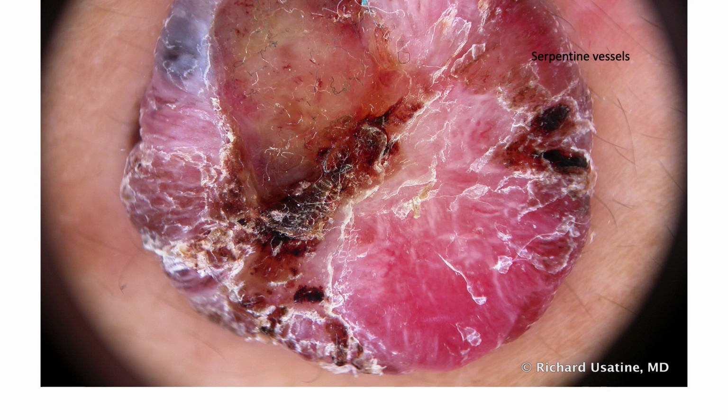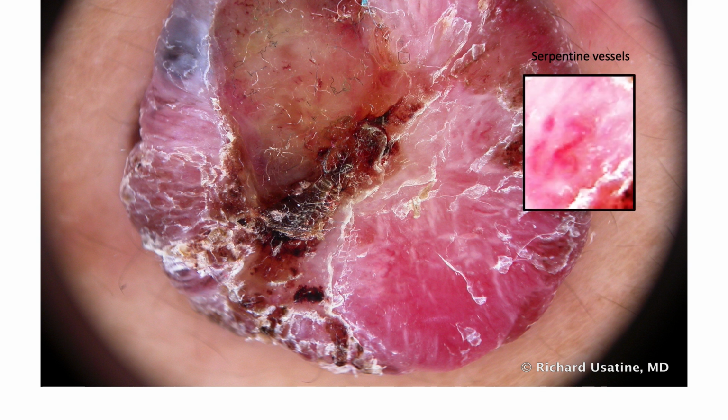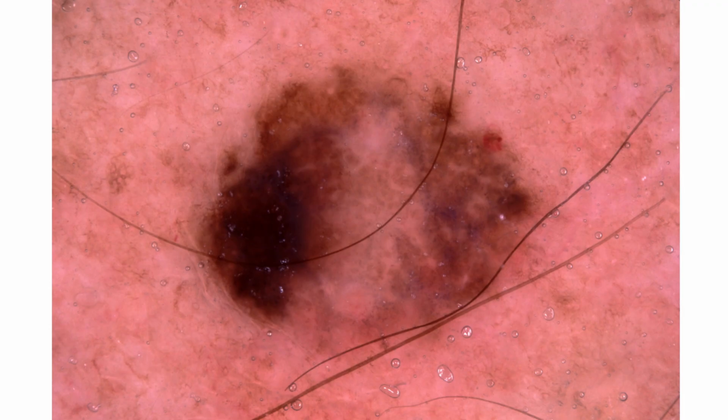We see serpentine vessels here. Let's look at that blown up. There's a serpentine vessel. There's the serpent. Okay. And all together, this was a melanoma, mostly amelanotic.